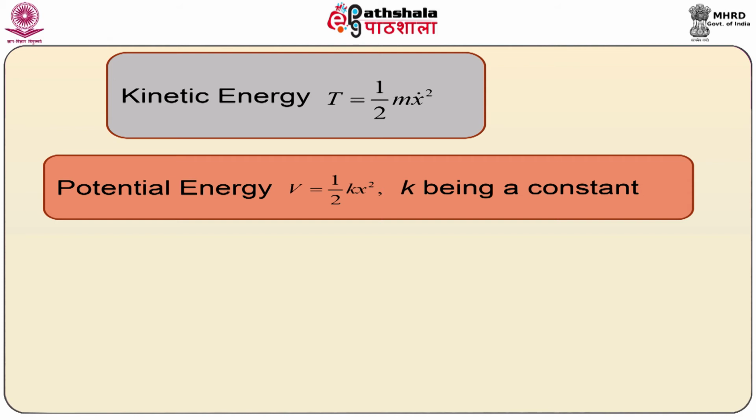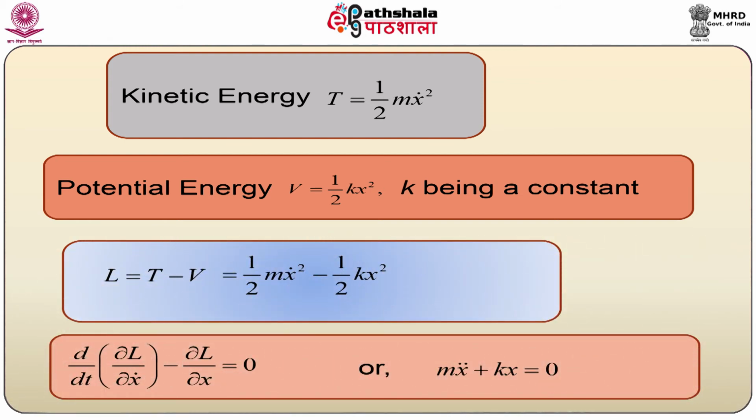Kinetic energy is denoted by capital T, which is half into mass into square of its velocity. So, T is equal to half m ẋ squared. Let us calculate the potential energy. Potential energy is denoted by capital V, which is half k x squared. Here k is a constant.